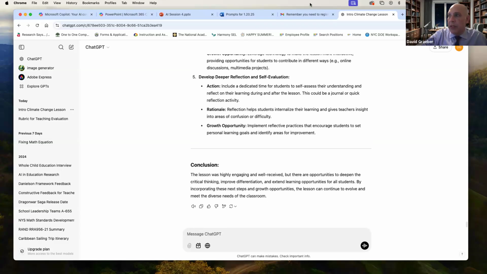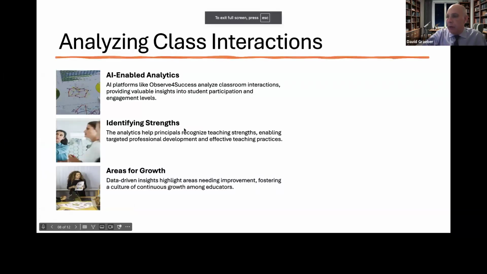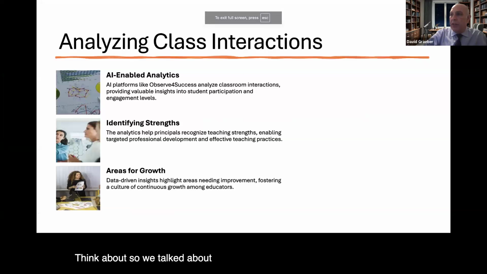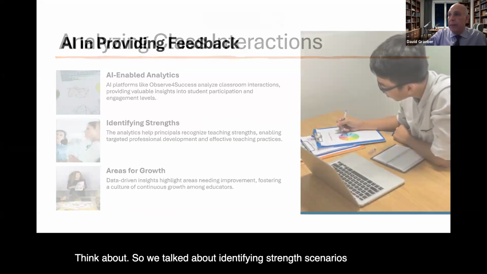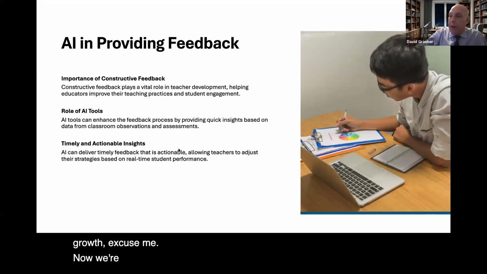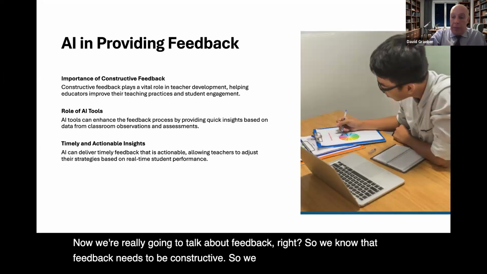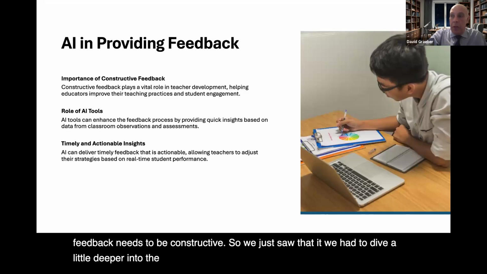So what else can I do with this? I'm going to go back and we're going to think about, so we talked about identifying strengths and areas for growth. Now we're really going to talk about feedback, right? So we know that feedback needs to be constructive. So we just saw that we had to dive a little deeper into the AI's response.